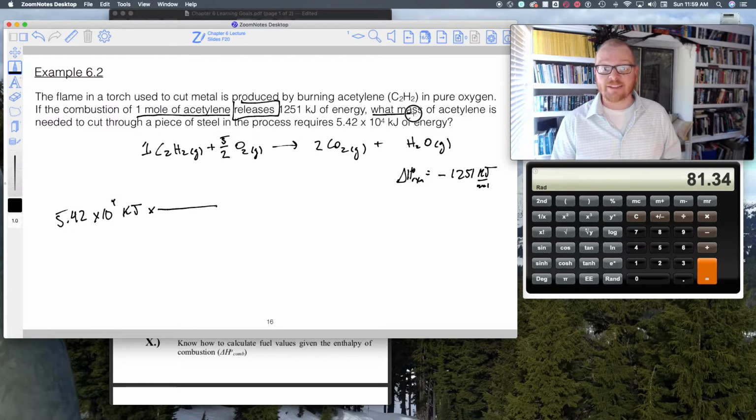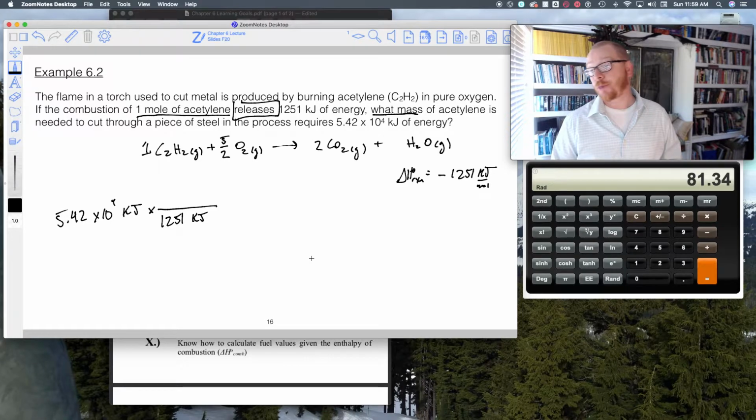What mass means how many grams, for example. And so I want to convert this energy into moles. And I can do that by using this number. And I'm going to try to cancel the kilojoules, right, because I'm using it in my dimensional analysis, 1251 kilojoules.